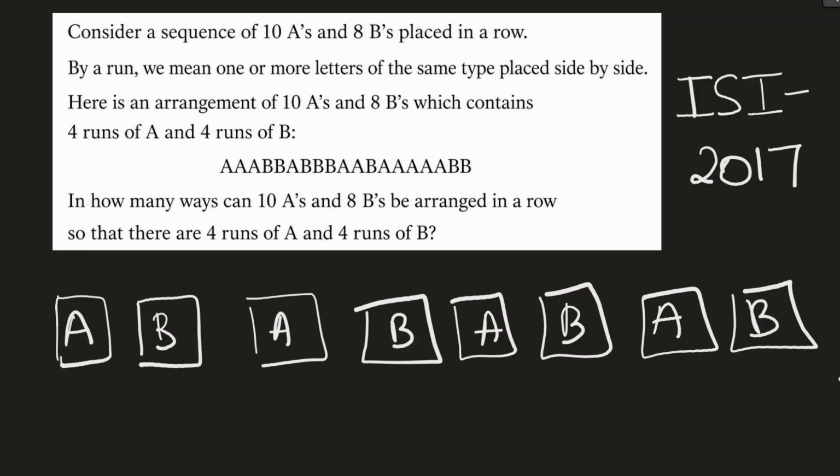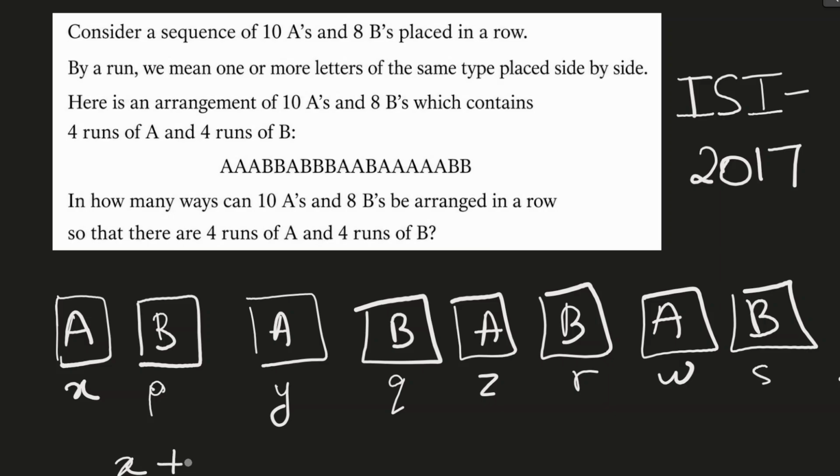So we assume the number of A's in this first block as X, this is Y, this is Z, and this is W. And let's assume the number of B's in this block as P, this is Q, this is R, and this is S. Now think about it.